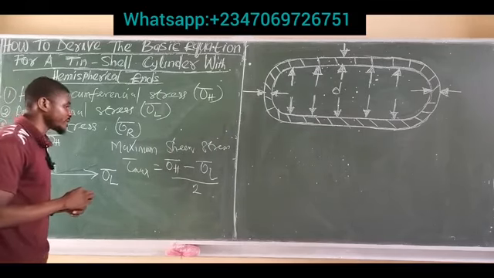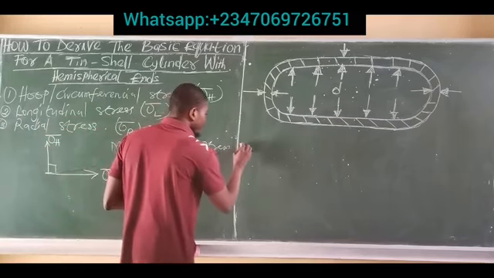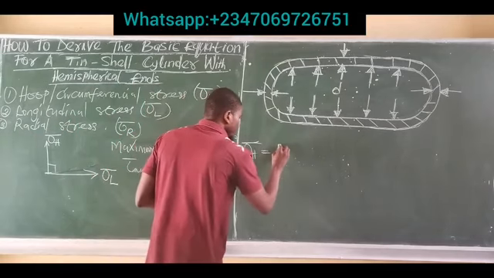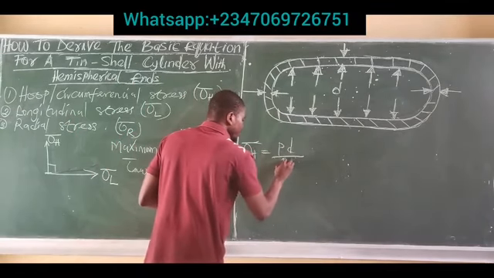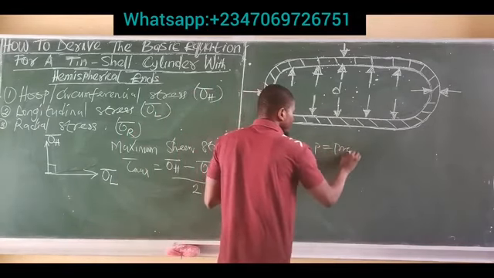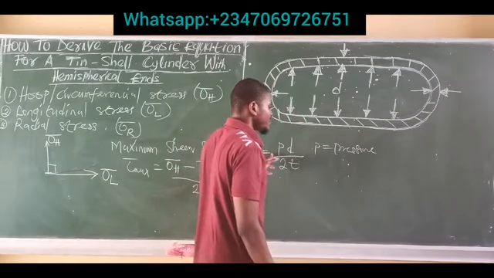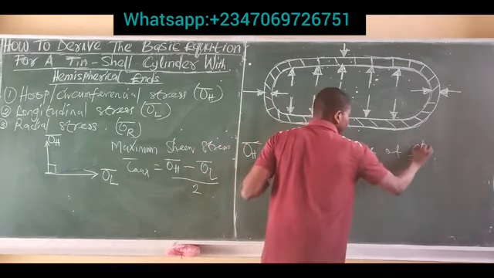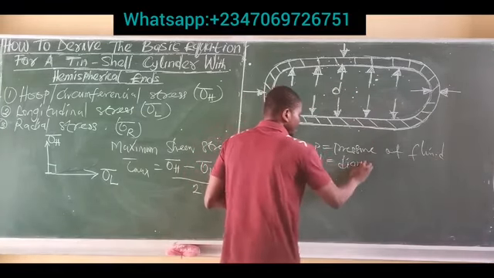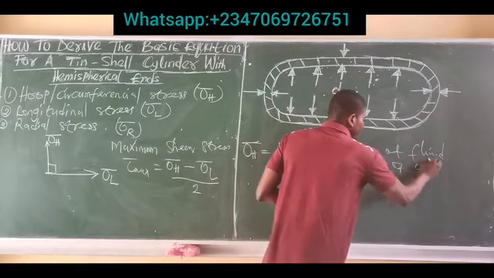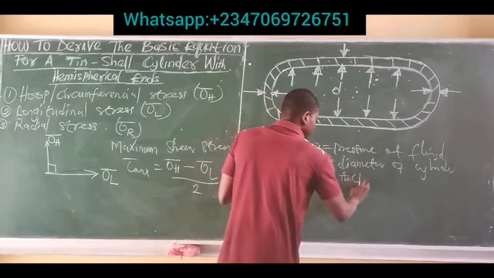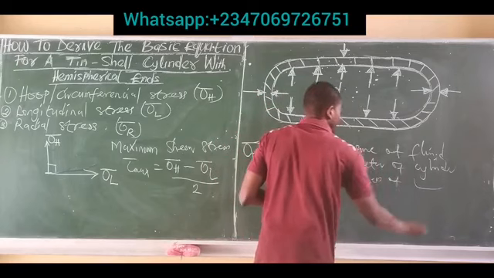Now, how do you find the hoop stress? Mathematically, the hoop stress can be found using the equation P times D all over 2 times T, where P stands for the pressure of the fluid inside the cylinder, D stands for the diameter of the cylinder involved, and T stands for the thickness of the cylinder involved.